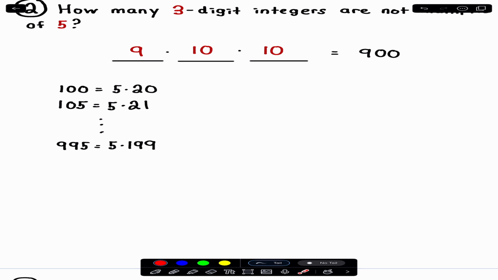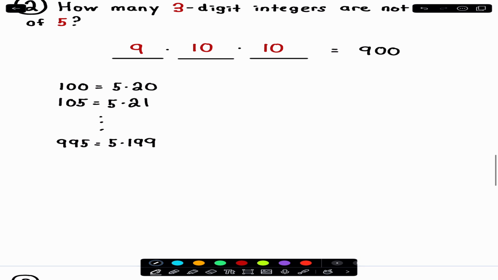So now we just need to count how many there are. Now the easiest way to do that is to ignore this factor of 5 that we have over here and just rewrite this as a list of numbers based on the other factor.